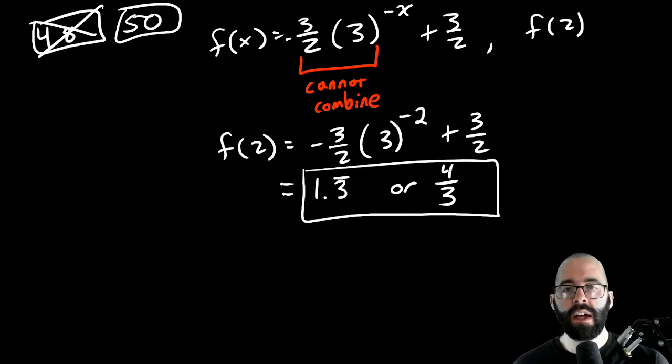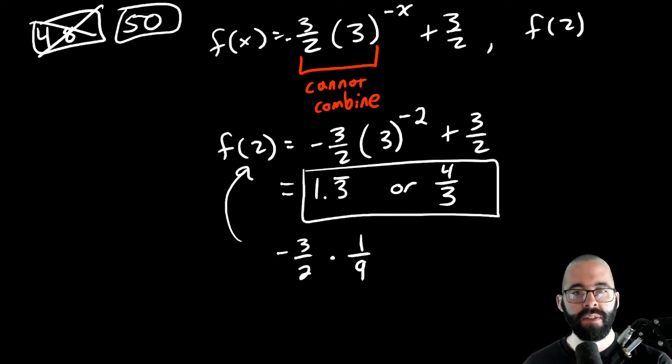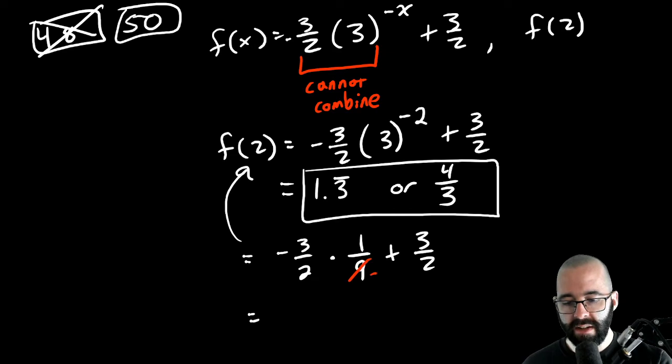You could also do this by hand, right? This is -3/2 times 1/9. 3 to the -2 is 1/3 squared, plus 3/2. And then we get some cancellation here, right? 9 goes into 3 times.